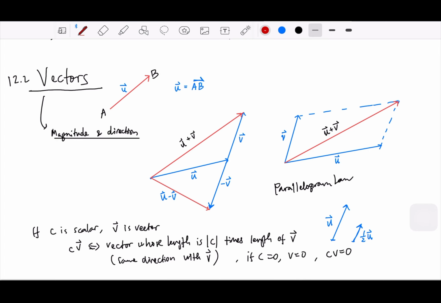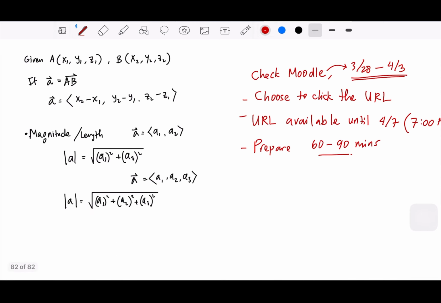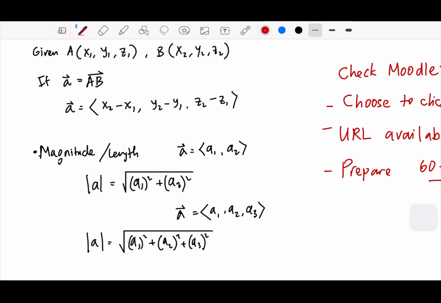So I will not go into more detail on this one, but I will just make sure that you remember how to find the value or the magnitude of a vector. Sometimes it's not really well remembered. And also the distance formula. I think the distance formula is not really complicated.